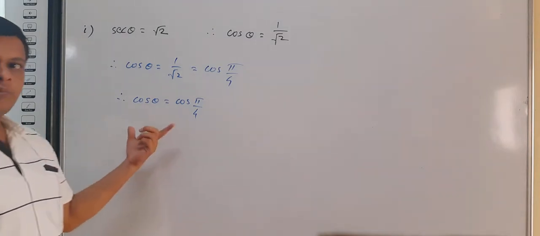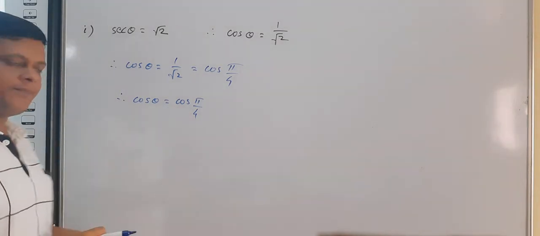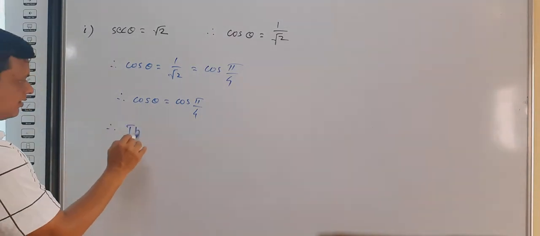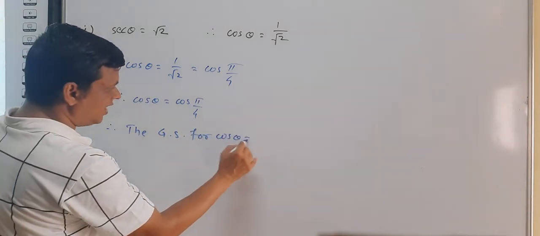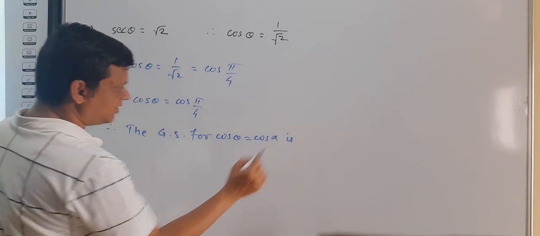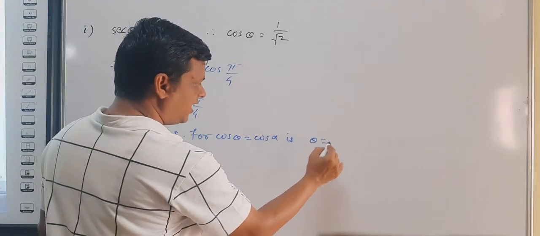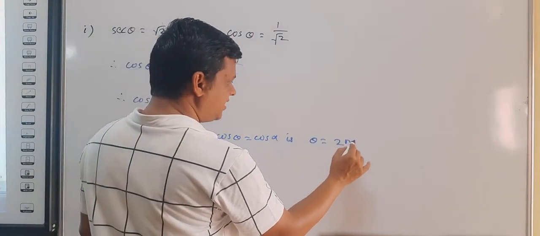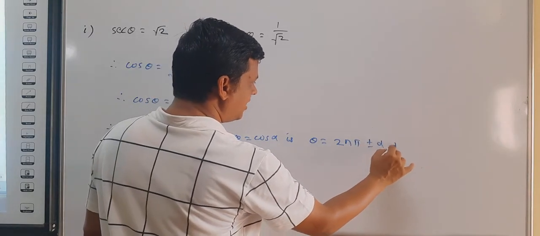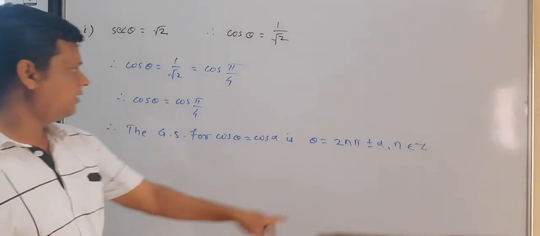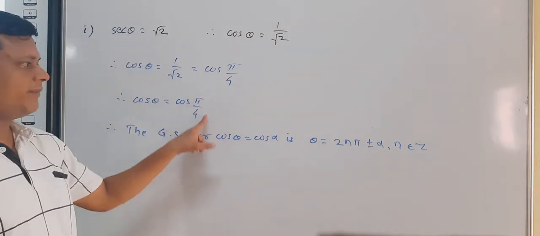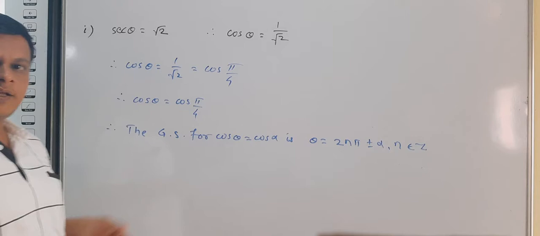Now this is of the form cos theta equals cos alpha. Therefore, the general solution for cos theta equals cos alpha is theta equals 2 n pi plus or minus alpha, n belongs to Z. Now in this problem, in place of alpha we have pi by 4, and theta is as it is.